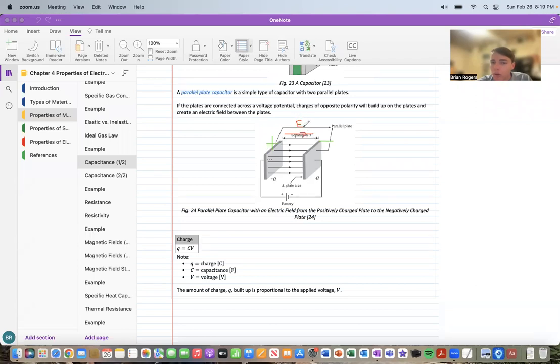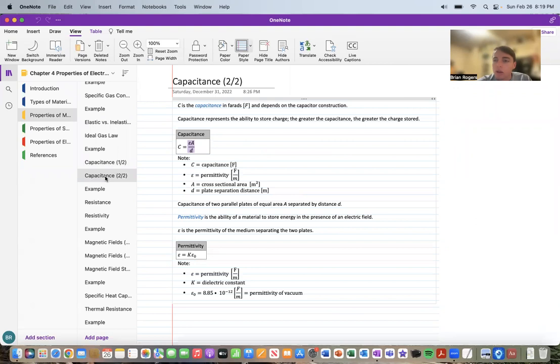And if there's a separation of charge, there's energy because there's a potential difference between the two sides. And so that's going to create the energy stored in that electric field, because there has to be a potential difference between the two sides in order to have that electric field created. Epsilon refers to the permittivity of the medium separating the two plates.